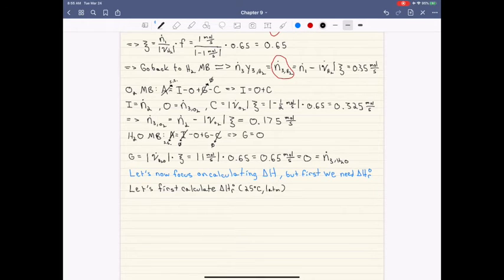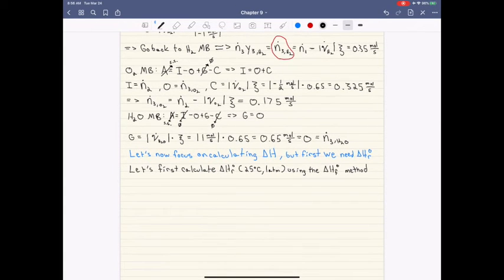At this point, you could pick any method that you want. You could use the heat of combustion method or the heat of formation method. For now, I'll just show an example of doing the heat of formation method, and you'll see why this one makes the calculations easier. I'll point out why in a bit. To calculate the standard heat of reaction in terms of the heats of formation, let's use one of the equations that we defined in the previous videos.